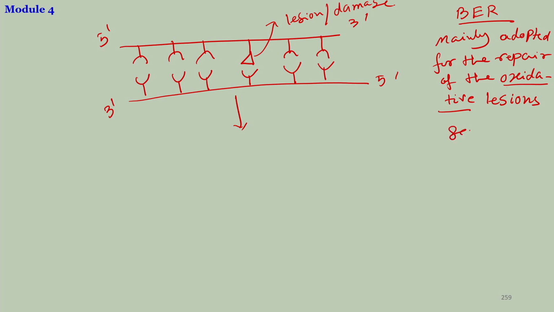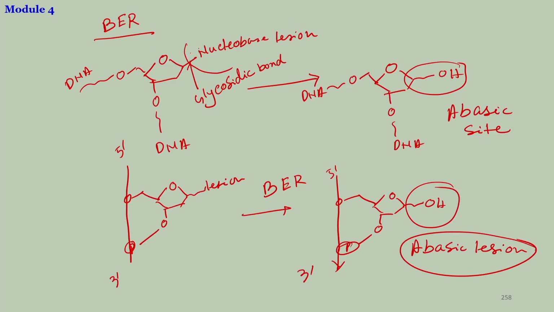such as 8-oxoguanine, 8-OG, 8-oxoadenine and so on. So, the first stage is removing the nucleobase out of the DNA, and this is done by an enzyme. How does it remove? By cleaving the glycosidic bond. So, it cleaves the glycosidic bond, right.